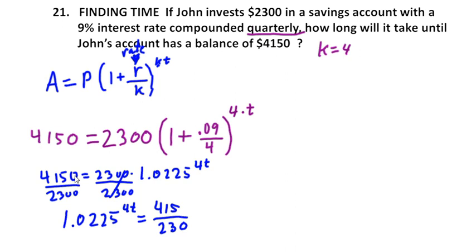Where I get 415 over 230, I put this, the 0 over 0 canceled out.